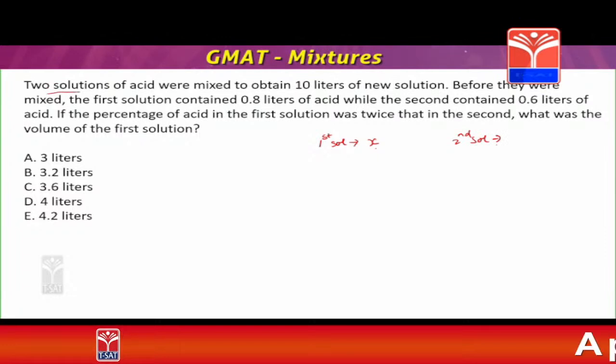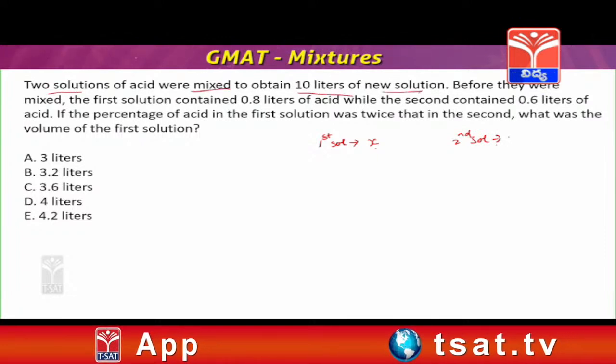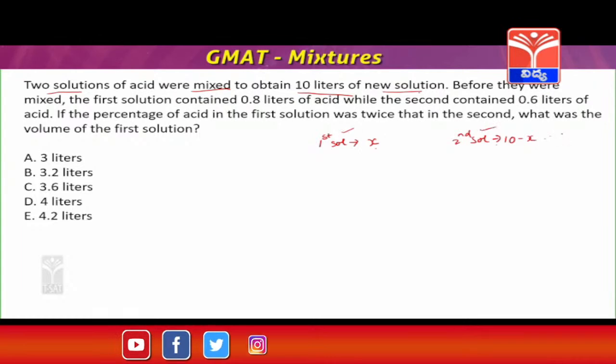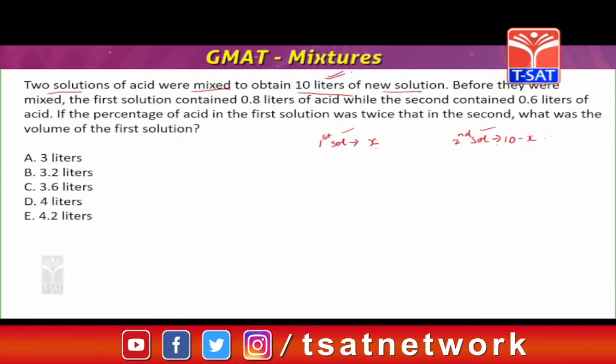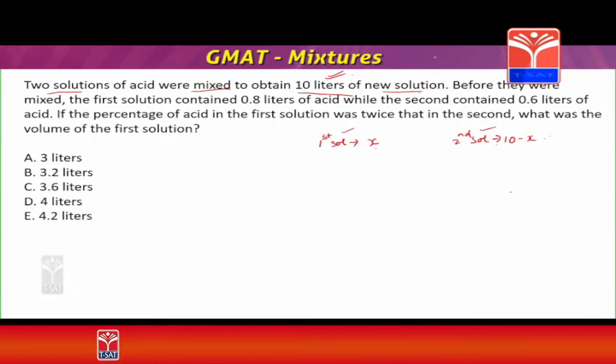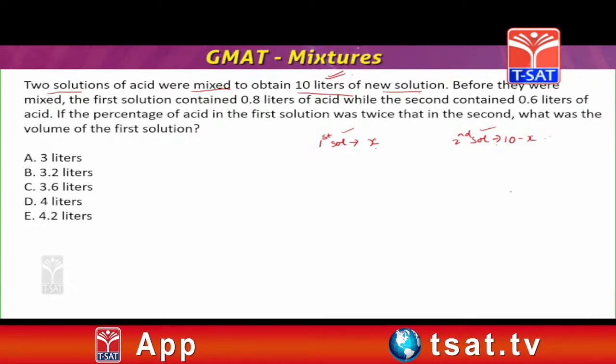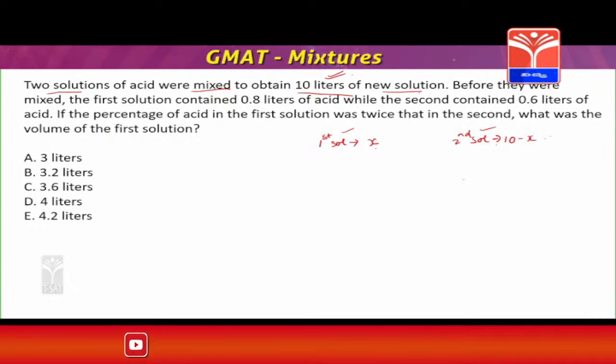The two solutions were mixed to obtain 10 liters of new solution. That means the second solution will be 10 minus x, because when you add the first solution and the second solution, you need to get a total of 10 liters. Therefore, the second solution will be 10 minus x. Now, before they were mixed, the first solution contained 0.8 liters of acid, whereas the second contained 0.6 liters of acid.